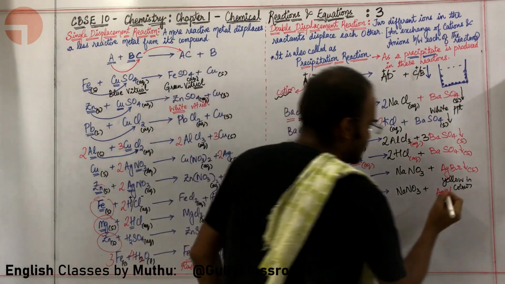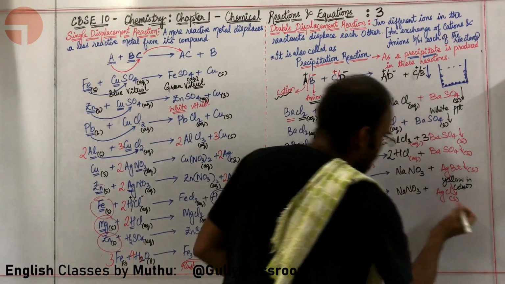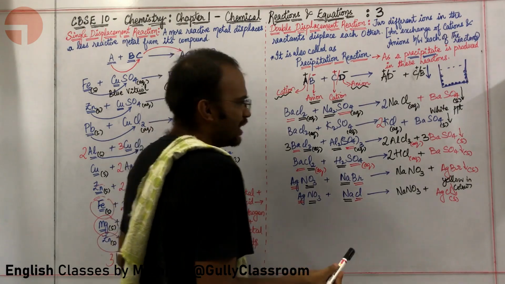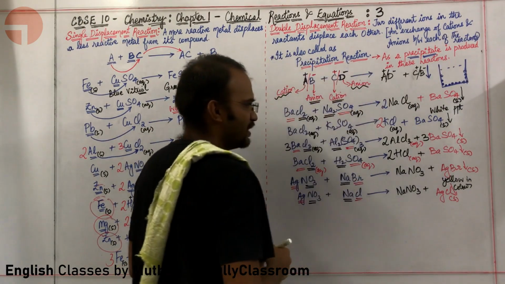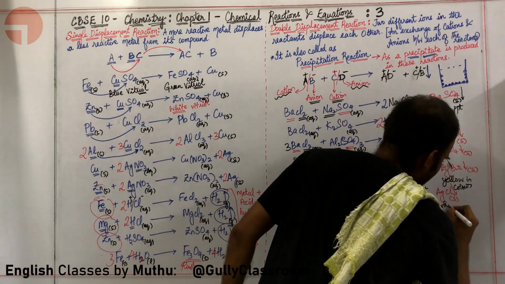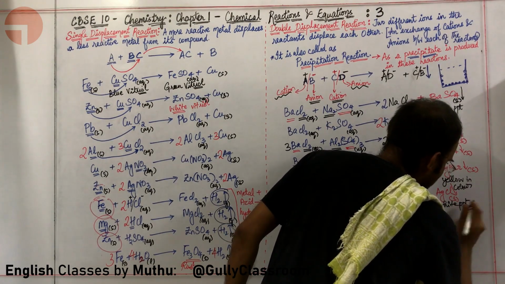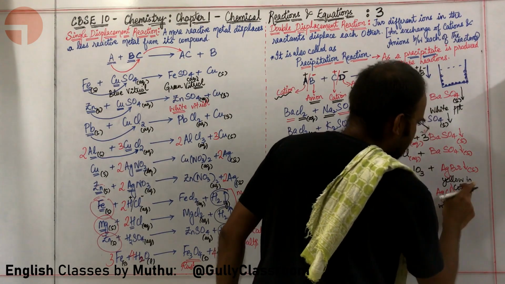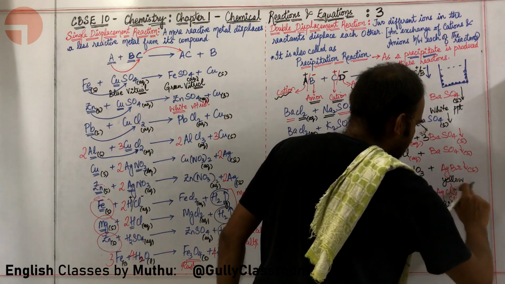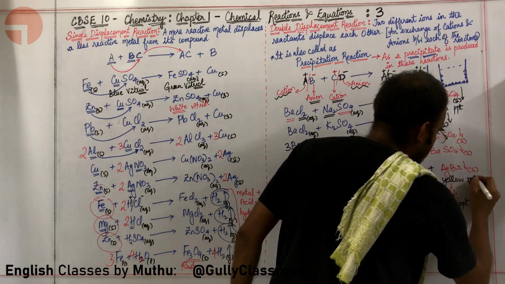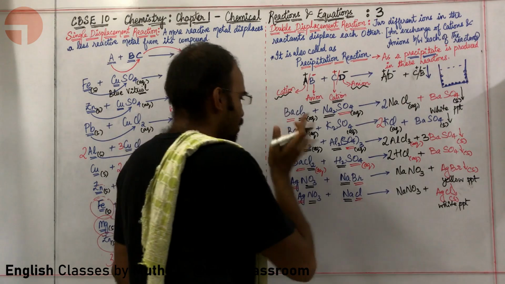Sir, what is AgCl? AgCl is a solid, it is a precipitate. What is the color of AgCl? AgCl is a white precipitate. PPT means precipitate. Instead of writing the word, I can simply put yellow PPT.